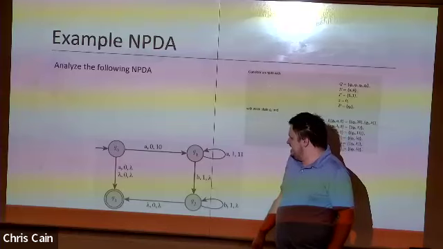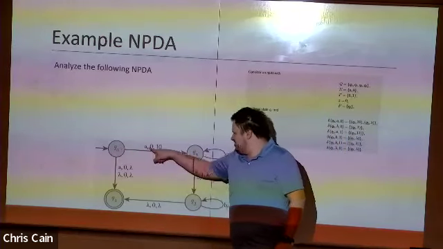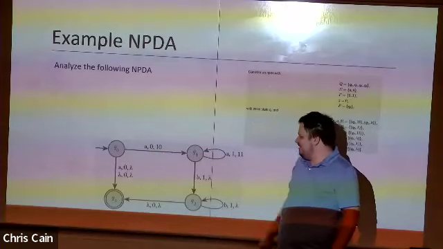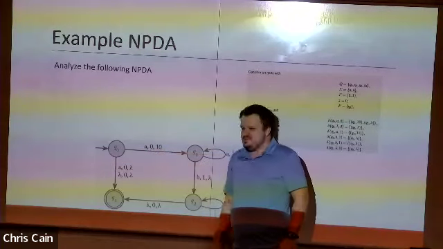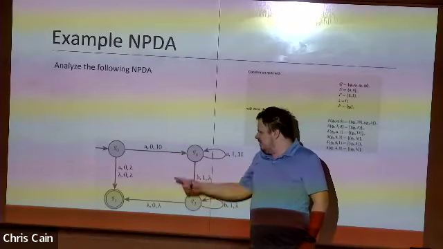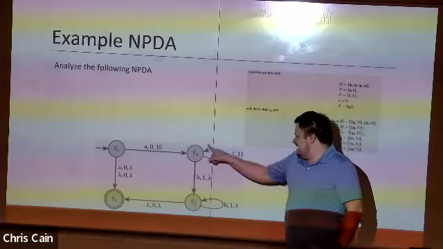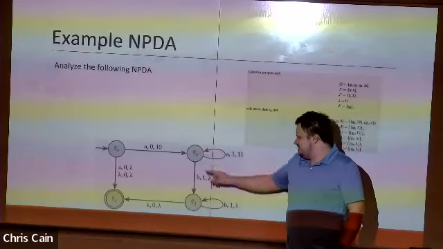But if we see an A, then we want to transition over here, saying we found our first A, and we're going to replace the 0 that's on the bottom of the stack with 1 0, showing that now the 1 represents the first A that we've seen. Then we can continue to see A's and add 1s to the stack as long as we see A's.